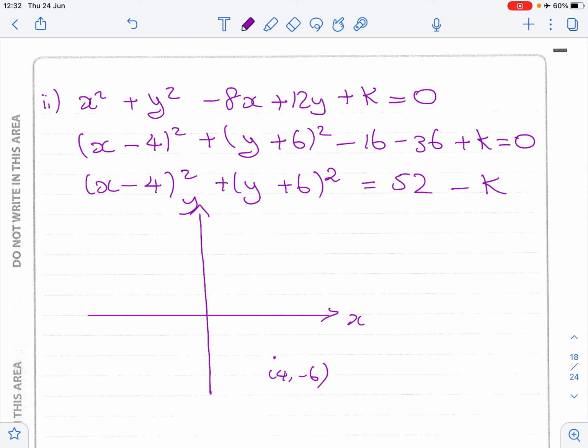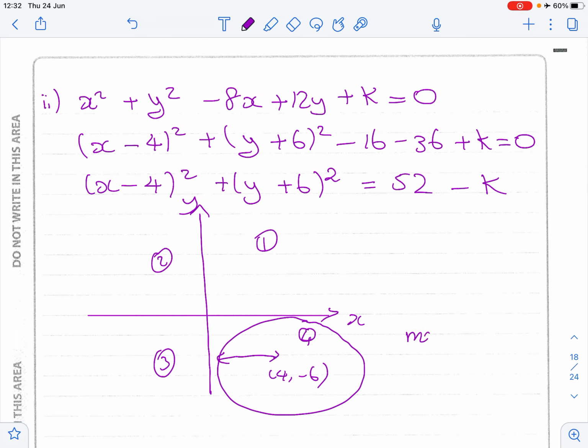And remember, this is quadrant 1, quadrant 2, quadrant 3, and quadrant 4. So this circle must lie entirely in this quadrant. Therefore, the maximum radius must be 4. So the maximum radius is going to be equal to 4.